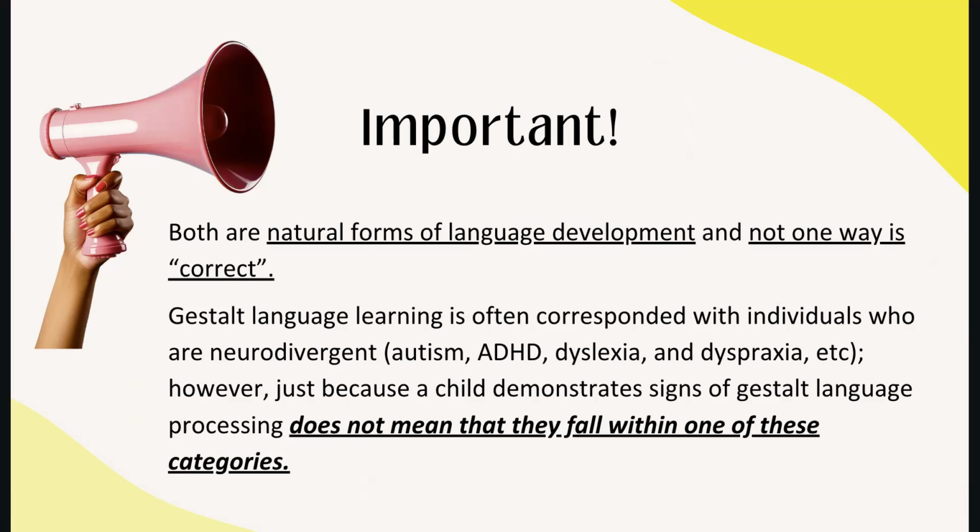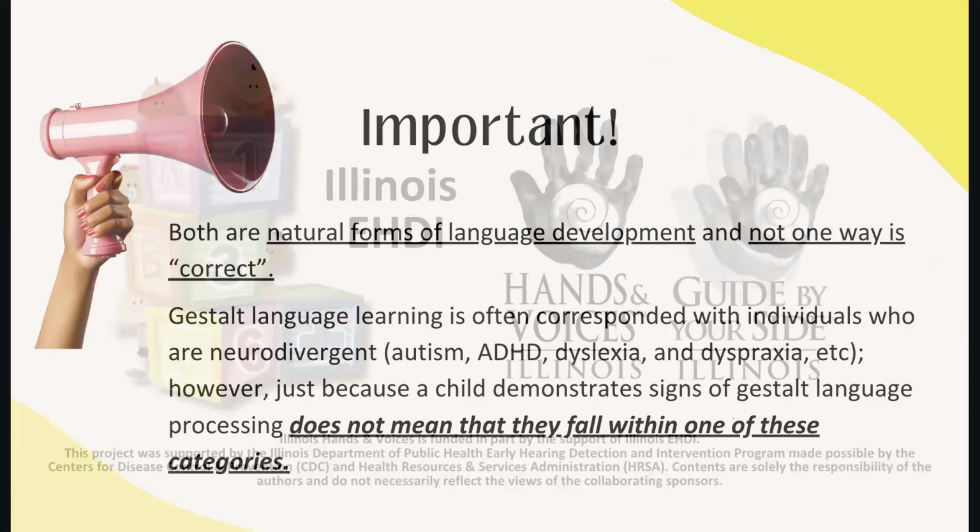But please hear me say that if a child is a Gestalt language processor, that does not mean that they fall within one of those categories. Okay, so if you do have concerns, definitely reach out to your pediatrician, your primary care provider, a local speech and language pathologist, and they can do further investigations, further evaluations on those areas.